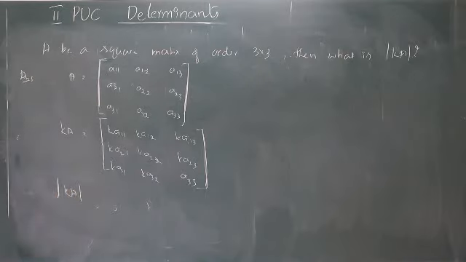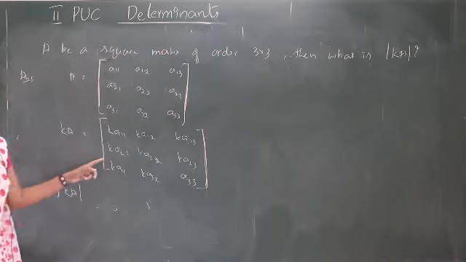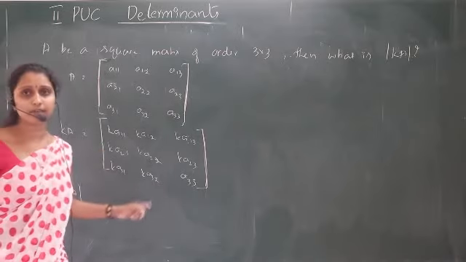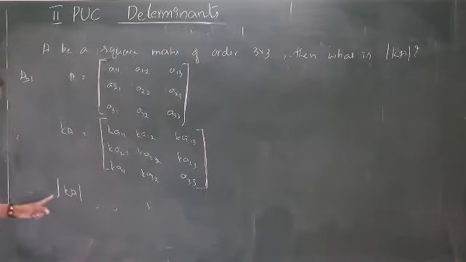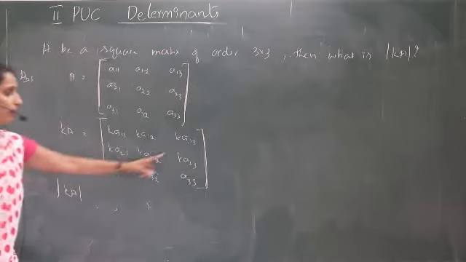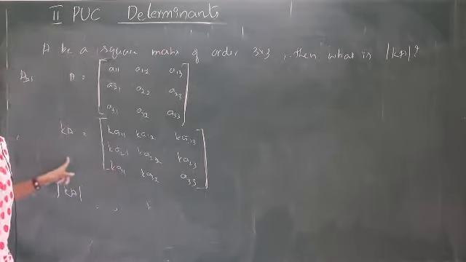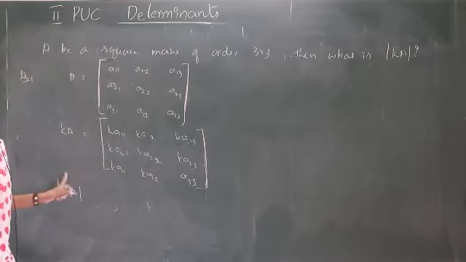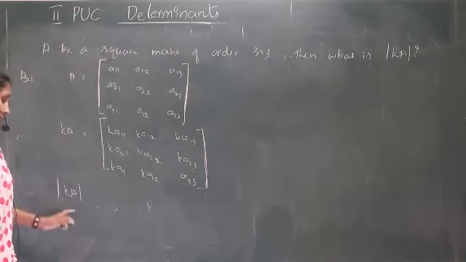Already told, when I multiply a matrix by k, each element is multiplied by the constant. Now when it is a determinant, we can take common terms only from a row. I have to take k once from the first row, one more time from the second row, and one more time from the third row. I cannot take k common from all the terms at once when it is a determinant.